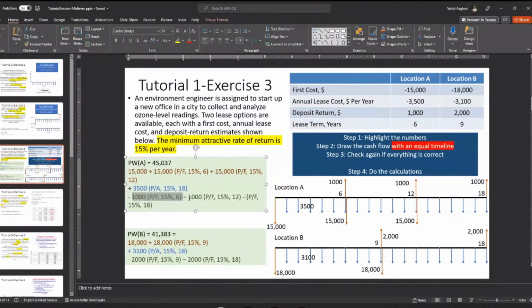And then, if you're following my pointer here, we find the present value of the second $1,000 and also the third $1,000, and in total it will be about $45,000. For option B, we do exactly the same, and at the end we will have two numbers, and we see that option B is a little bit cheaper for us.